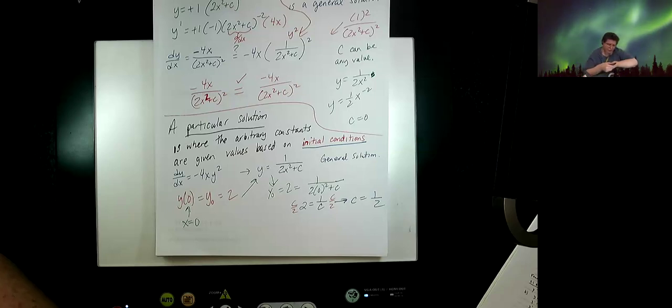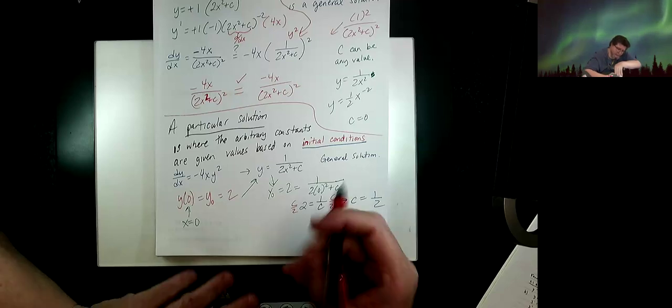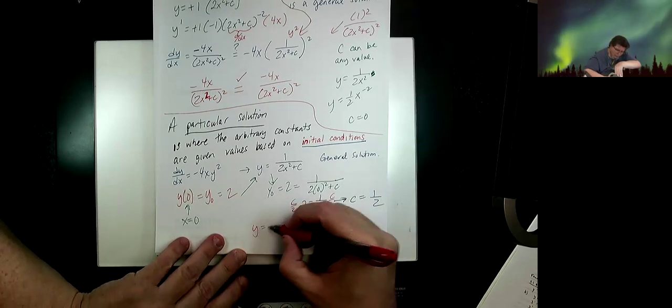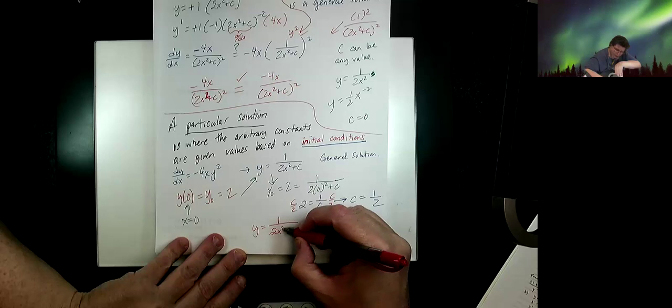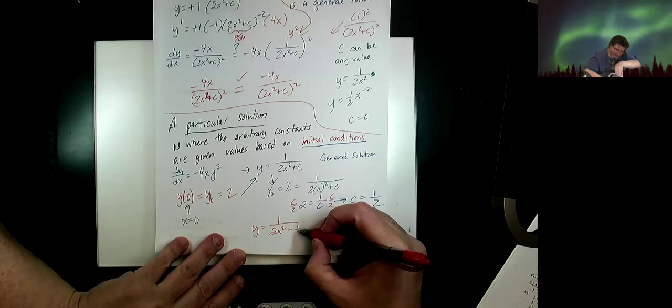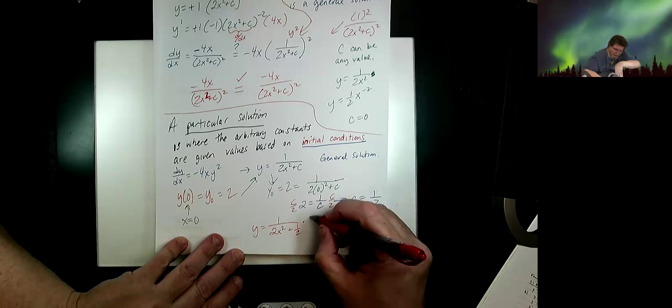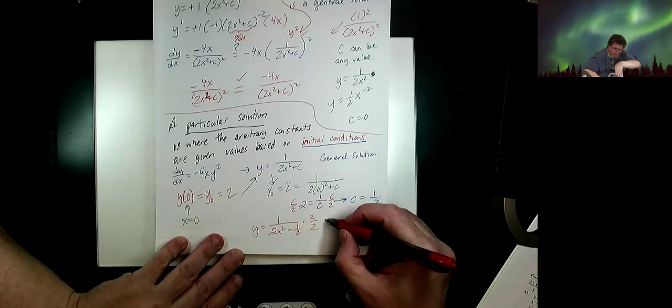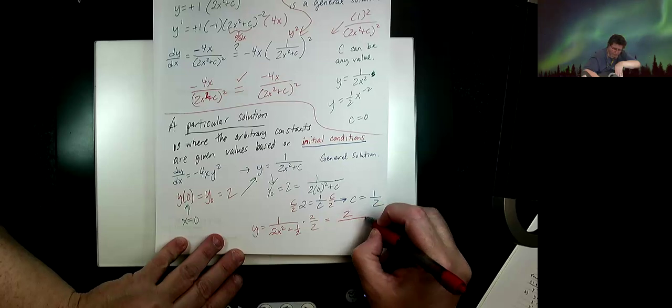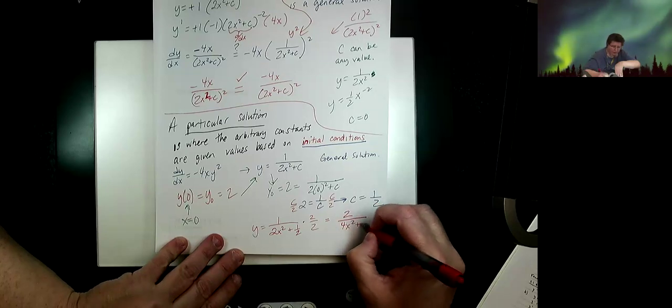So the particular solution here is y equals 1 over 2x squared plus 1/2. Or if you don't like complex fractions, multiply it by 2 over 2: 2 over 4x squared plus 1.